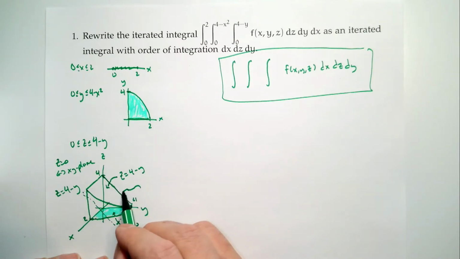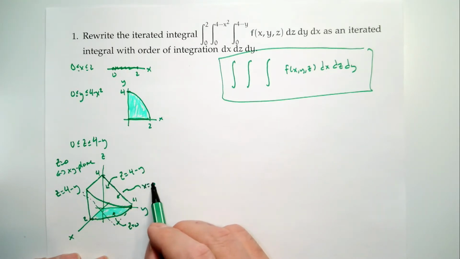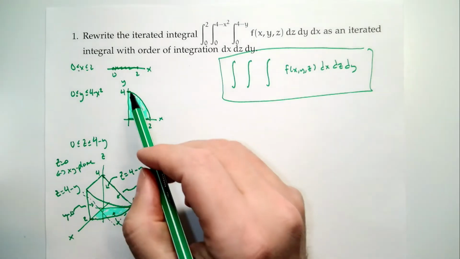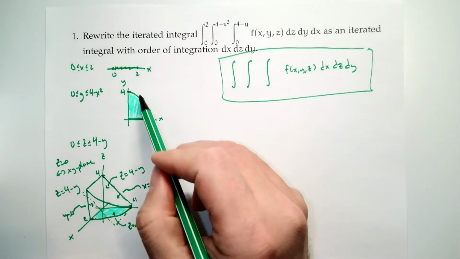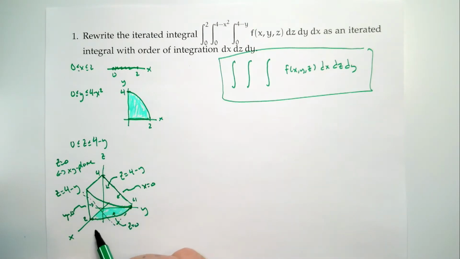This back surface here, on the back side, that's a little triangle. That corresponds to x equals 0. This square-looking thing, that's y equals 0. Then you have this curved thing. Well, if you think about it, that's coming from that curve right there. You can see it's just going straight up and down, so there's no z. So this last surface, that's y equals 4 minus x squared. Okay, so there's our shape.